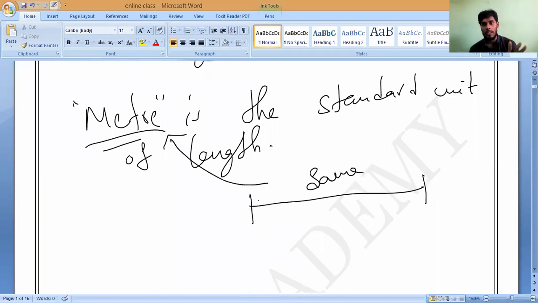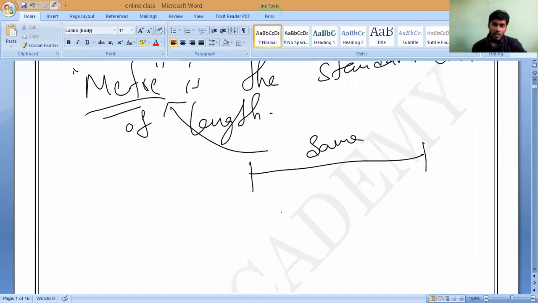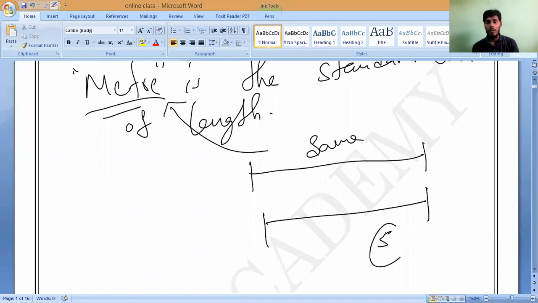But if you measure with a hand span, suppose I give Logit some cloth, with his hand span he may get 5 hand spans. But Narayan's hand is a little bit smaller, so he may get 6 hand spans. If I ask Sarvesh, he may get 4 hand spans.